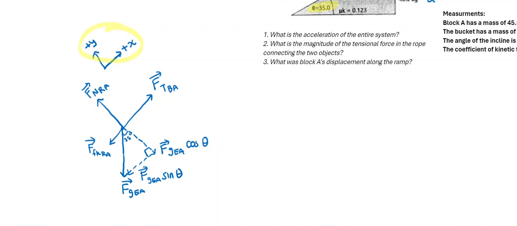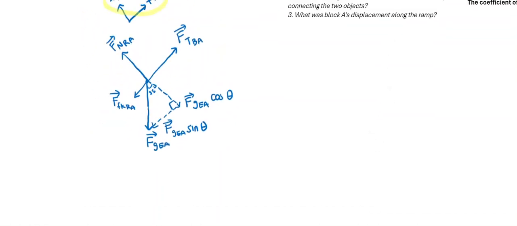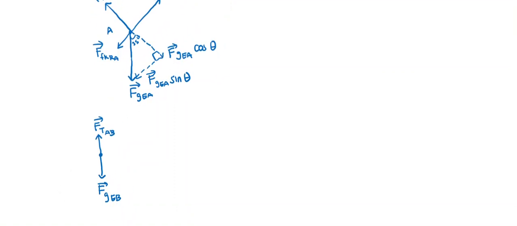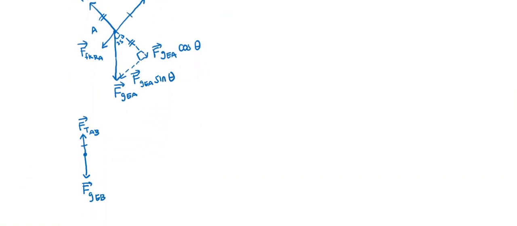That's everything we need for the free body diagram of object A. Object B is a lot simpler and a lot less scary. It's just up and down: gravity and tension. Okay, so I'm going to set these equal, and these should also be equal. Okay, so we're done our free body diagrams now.